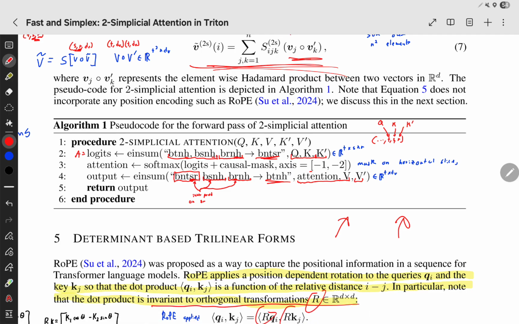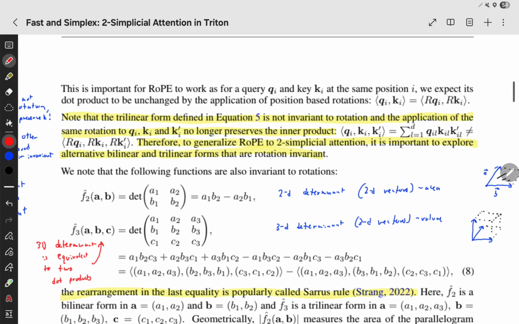However, the problem is, if we go down here, they mention that the trilinear form defined in equation 5, which is the three-way inner product, is not invariant to the application of the same rotation to Q, K, and K prime. So if you apply the same rotation to Q and K and do the inner product, the inner product is preserved.